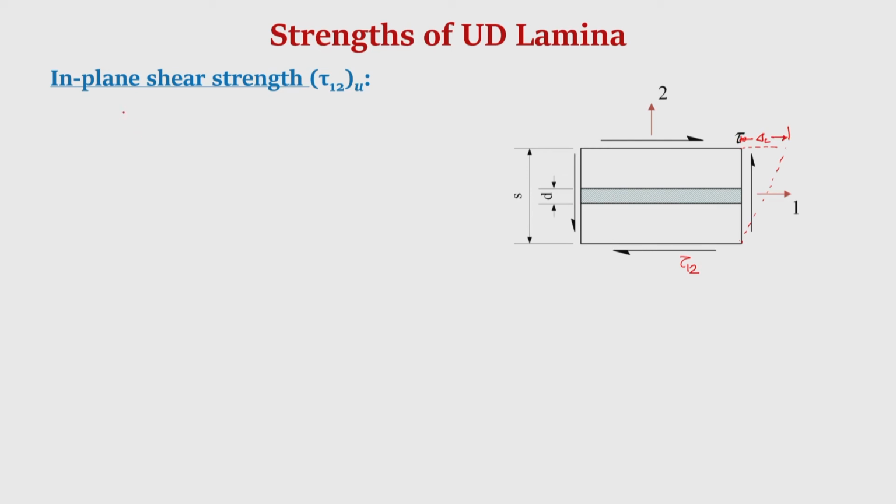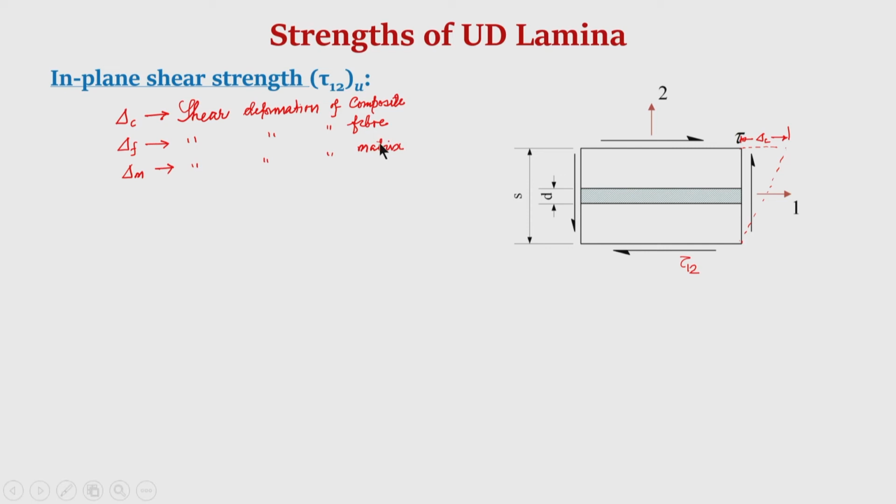Suppose delta C is the shear deformation due to tau 1 2, delta F is that for the fiber, and delta M is that for the matrix.